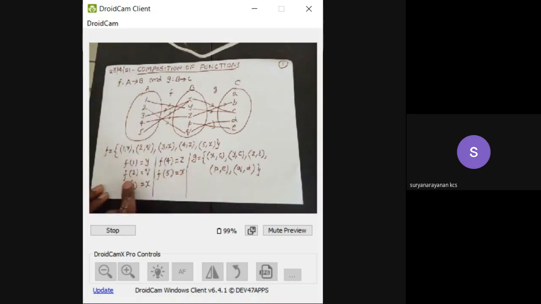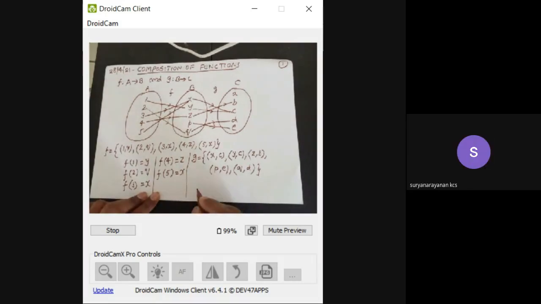Similarly, as we wrote here function values, or images under different elements of the domain, can you tell me the images for the function G?